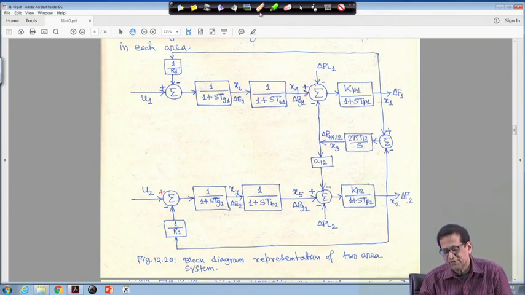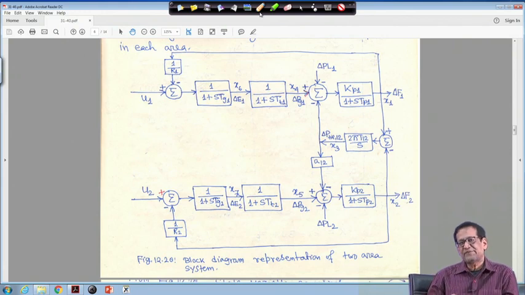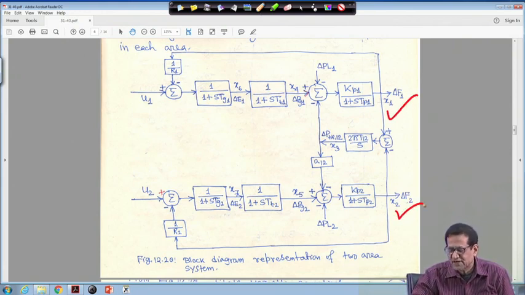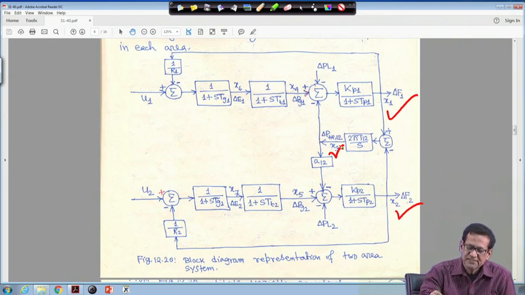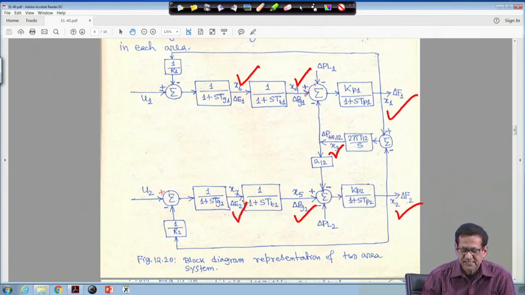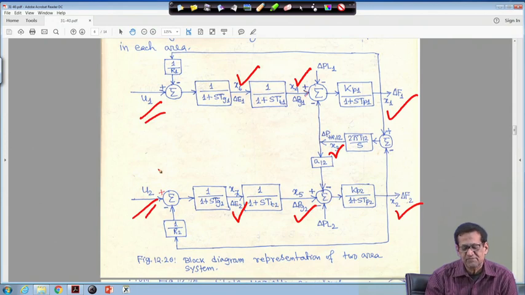In this case, if you look, there are 7 state variables. This is x1, that is delta F1, x2 I have marked as delta F2, and x3 is delta P tie 1-2. x4 is delta Pg1, x5 is delta Pg2, x6 is delta E1, x7 is delta E2. And this is U1 and U2, which come from the supplementary controller that will be seen later.